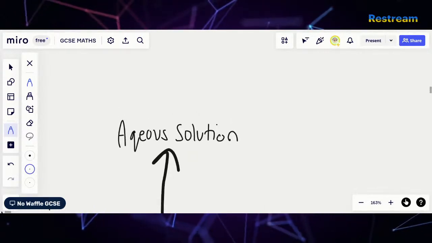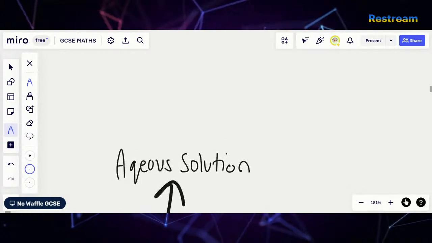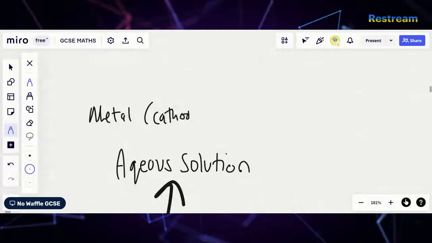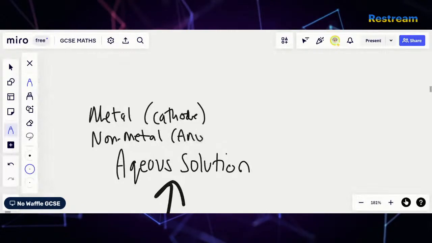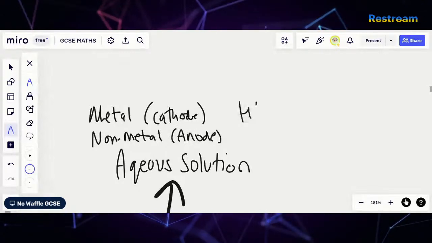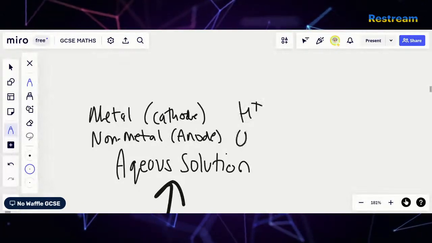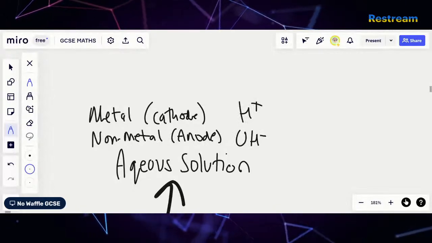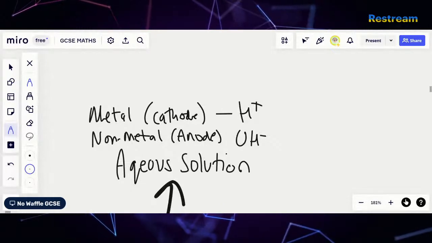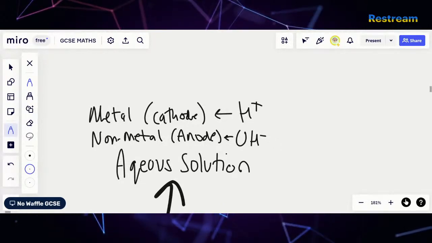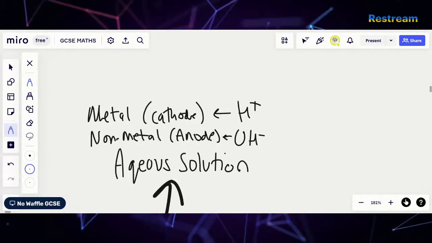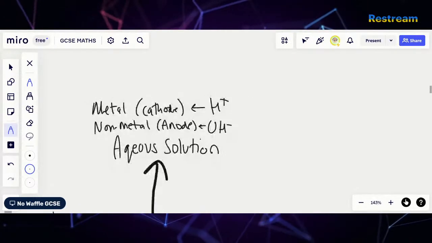So on top of the metal ions going to the cathode and the non-metal ions going to the anode, we also now have the hydrogen ions and the negative hydroxide ions, which would be going to the same places. So there are now 4 ions to deal with, and that is why it becomes more complex. However, don't worry, because we are here to simplify it for you.